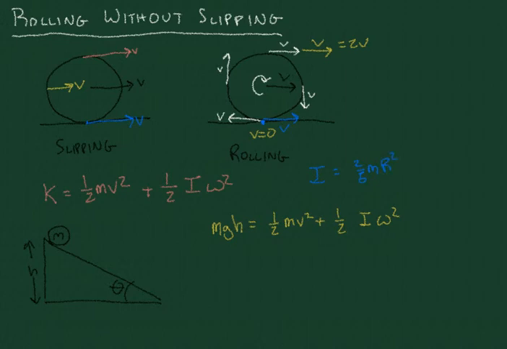So this term becomes 1/2 times 2/5 m times the radius squared. Remember, omega is just v over r, so this becomes velocity squared over r squared. The radius terms cancel out. So we have 1/2 mv squared times 1 plus 1 over 5.